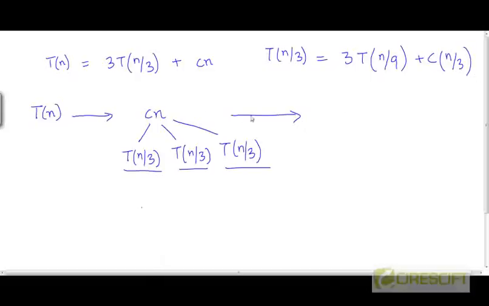So when we open up the recursion for these 3 nodes, we will get in the next step c·n, and we will replace this T(n/3) by c·n/3 with 3 children, each being T(n/9).